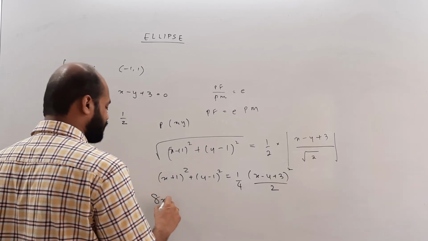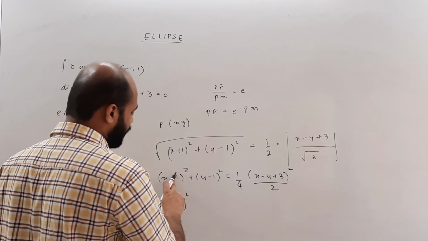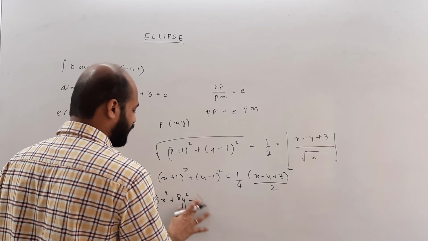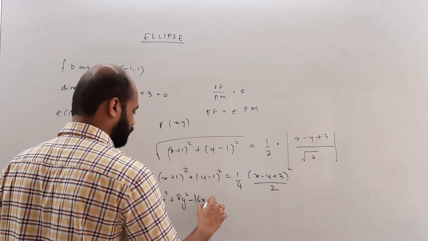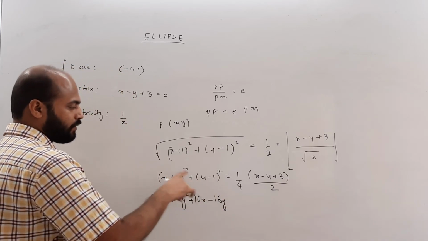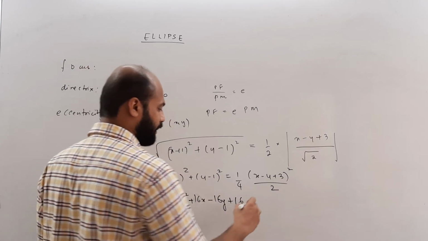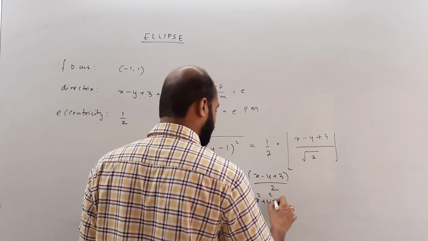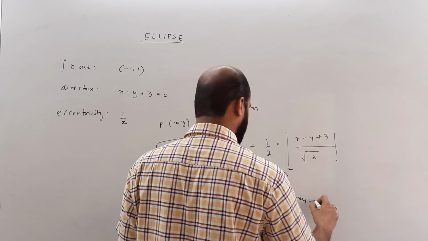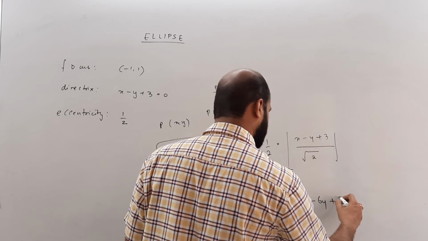So it's going to be 8x square plus 8y square, plus 16x, minus 16y, and additionally there will be 2, so 8 to 16 plus 2. Here however we can write it as x square plus y square plus 9 minus 2xy minus 6y plus 6x.